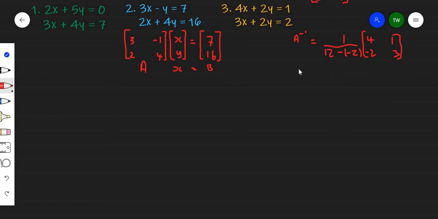Alright, so we can simplify this a little bit. So the inverse of A is basically going to equal 1 over 12 minus negative 2, that just gives us 14. So it's going to be 1 over 14 times the adjoint. And the adjoint is 4, 1, negative 2, 3.